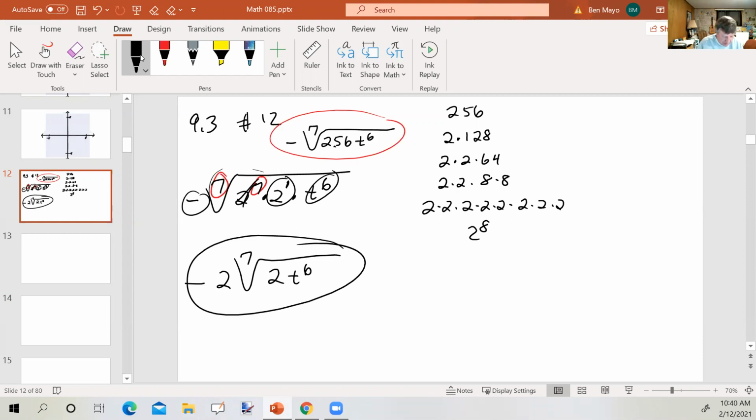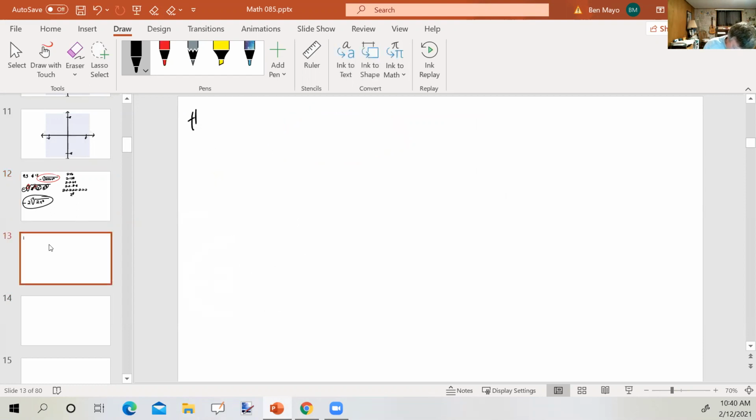All right, let's take a look at number 14 from that same section. Now, I'm not sure the person that asked about this has it right, but they asked for it, so we'll take a look at it. Simplify the radical expression. We have the 6th root of 3y to the 12th over 64.